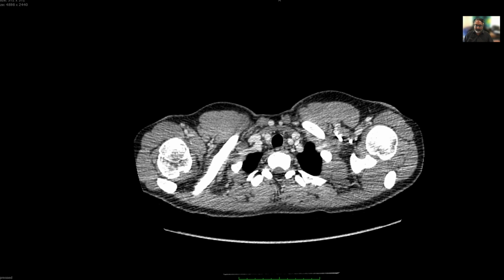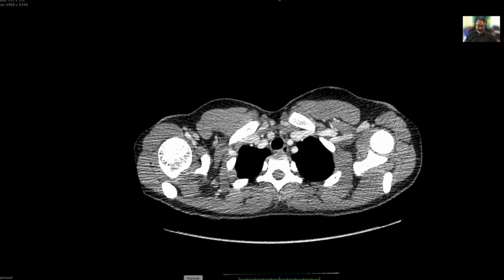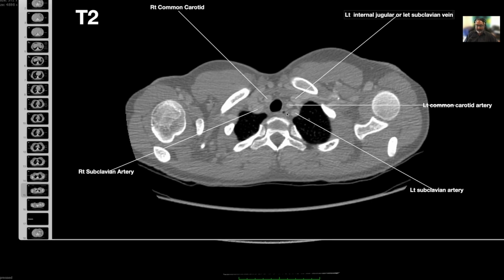So that's the internal jugular vein. And this here is the subclavian vein. So you're very right. When you said internal jugular, you're not wrong, because this is the area where the internal jugular and subclavian are meeting. So this could actually even be called the brachiocephalic vein. I should have pointed it out here, but because I'm pointing right in the middle, it's confusing.